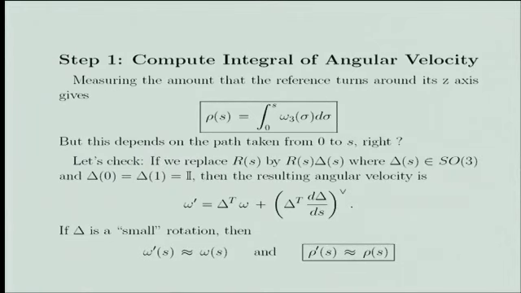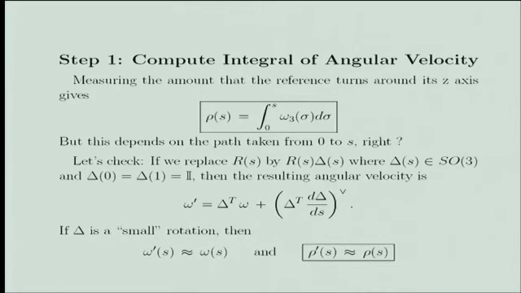The other thing that we can address is that in the planar case, the total orientation can be measured very easily, but in the spatial case, it depends on the particular curve that you use to attach the reference frames at the end.